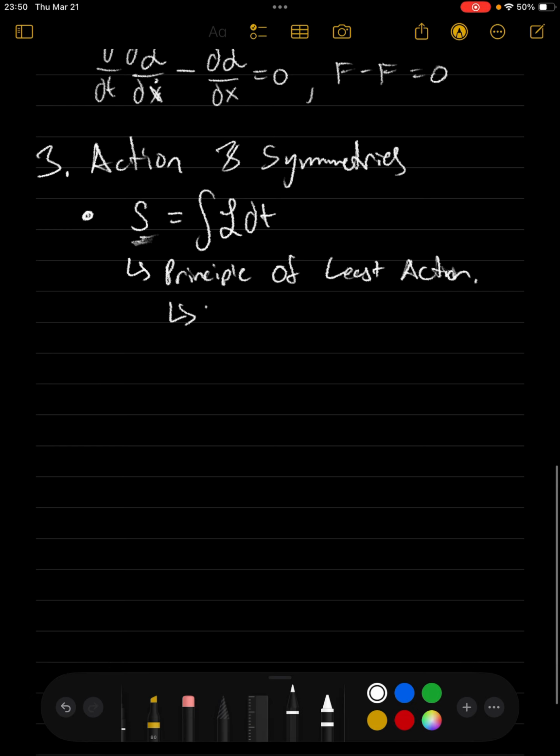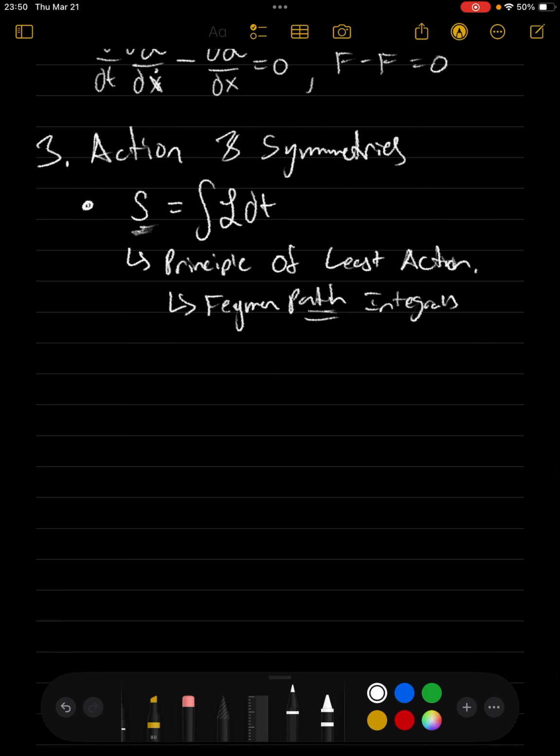And this is actually also related to the Feynman path integrals, of which path is a key word right there. And we can see this in many parts of nature. This is a very fundamental law in mechanics. It's also related to Noether's theorem, which is something I might do another time.